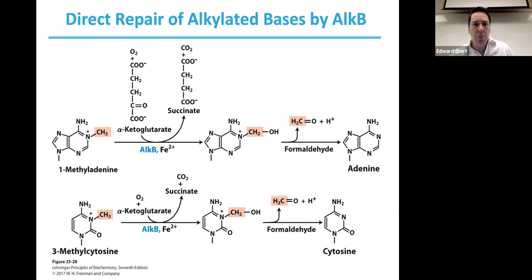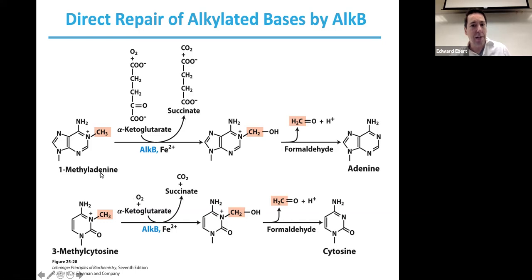We can also see bases that become alkylated as well. And then we can directly repair them by actually removing or abstracting that methyl group here. So you can see in this case formaldehyde plays a role.